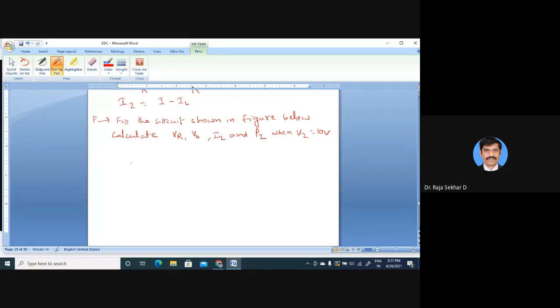And the circuit is like this. Vi is equal to 16 volts.